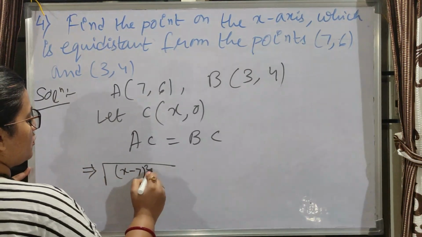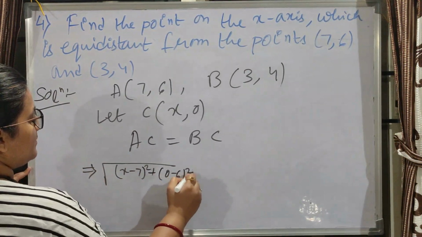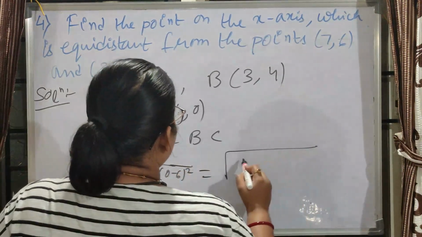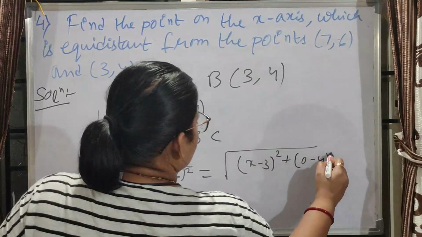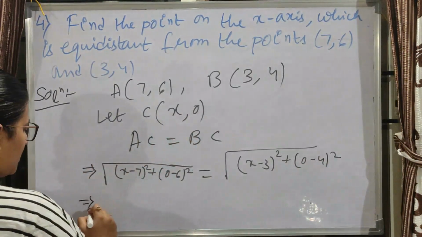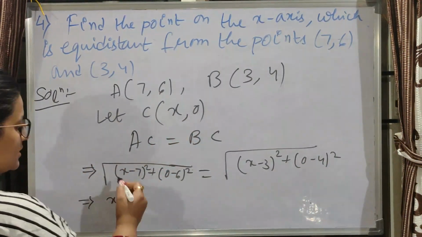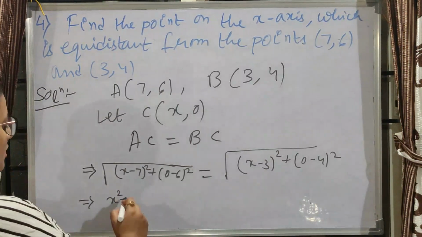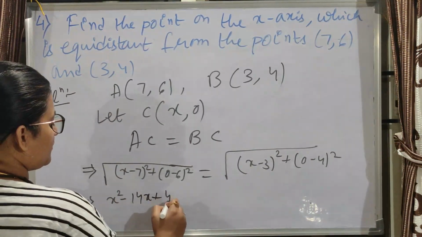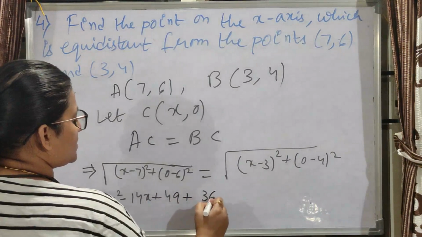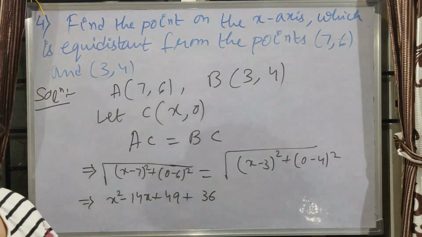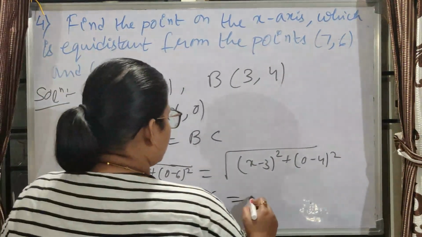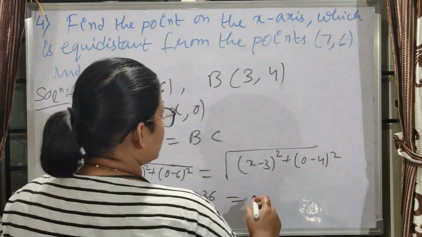(x minus 7) whole square plus (0 minus 6) whole square is equal to (x minus 3) whole square plus (0 minus 4) whole square. So this is x square minus 14x plus 49 plus 36. Squaring both sides, the square root is removed from both sides and we're just expanding the inside terms.